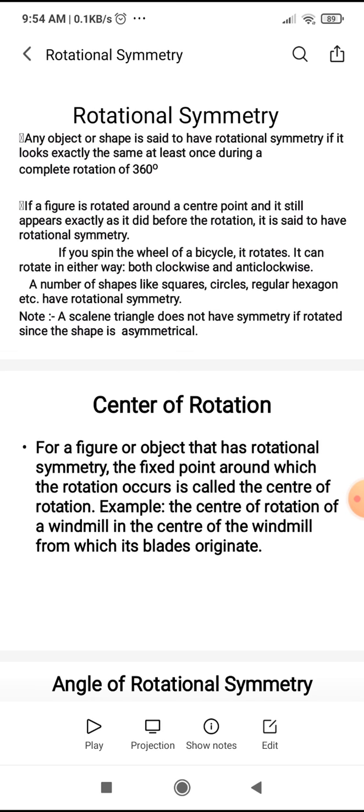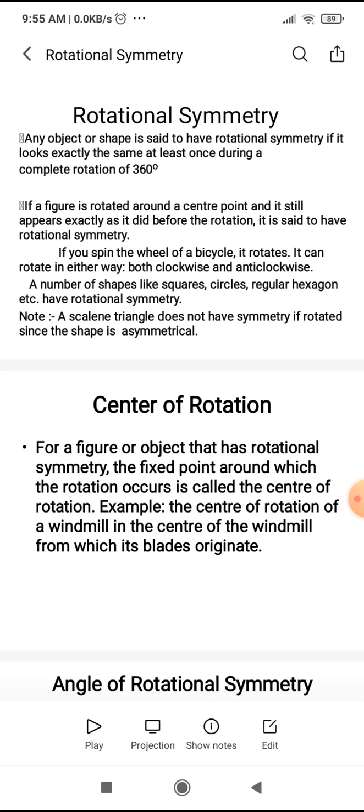If a figure is rotated around a center point and it still appears exactly as it did before the rotation, then it is said to have rotational symmetry. Suppose you are spinning the wheel of a bicycle, it rotates. Either you can rotate in a clockwise or anti-clockwise direction.